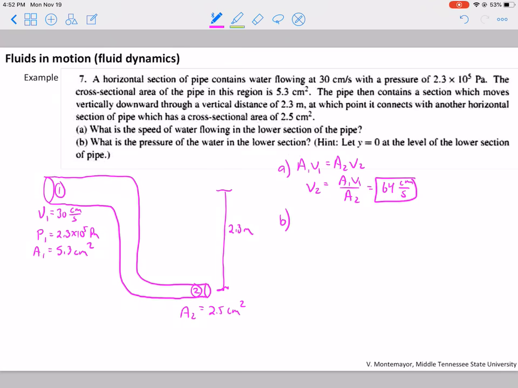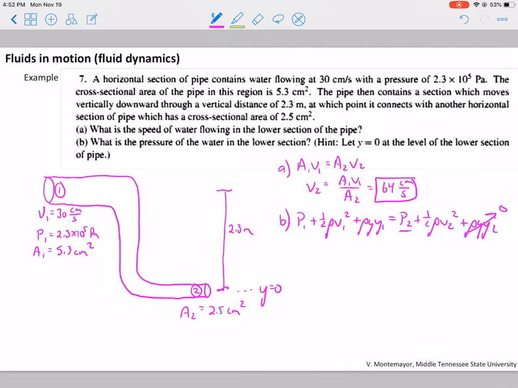For part B, we can switch over to Bernoulli's equation. So let's write that out. And let's say that this bottom level is going to be our y equals 0, which will make y2 equal to 0. And notice it's asking me to find the pressure of the water in the lower section.